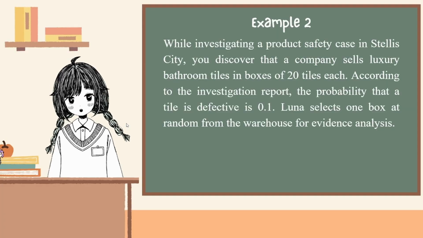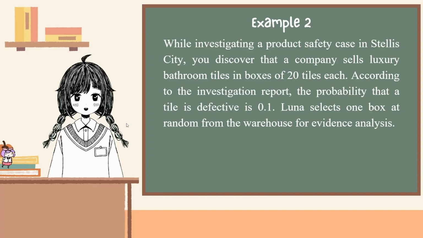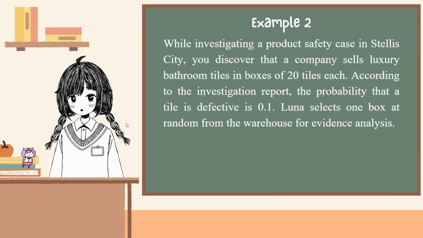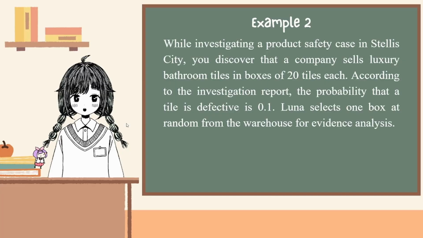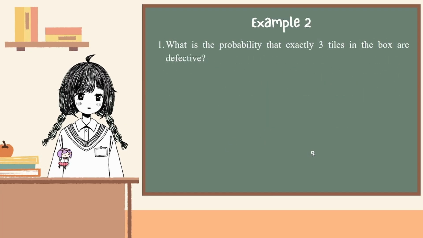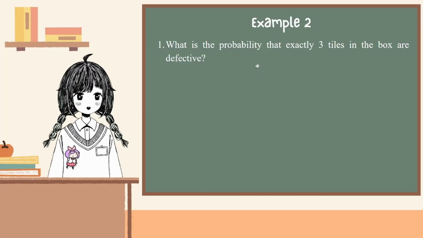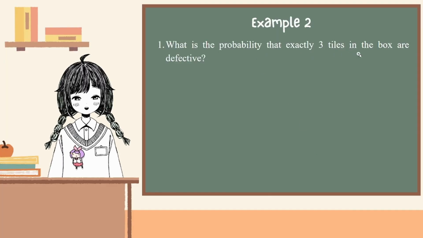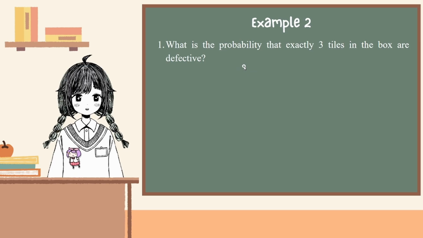According to the investigation report, the probability that a tile is defective is 0.1. Tuna selects one box at random from the warehouse for evidence analysis. Question 1 asks: what is the probability that exactly 3 tiles in the box are defective?